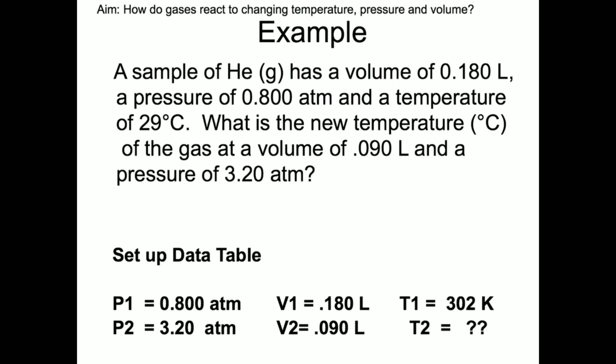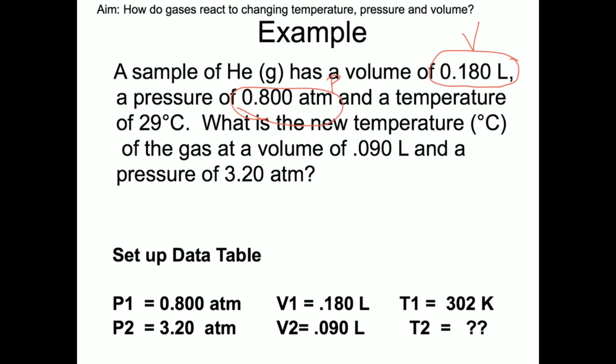As you read the question, identify the variable. So we begin with 0.180 liters. This is a volume. Because it is the first volume given, we'll call it volume 1. And we're given a pressure. Because this is the first pressure given, we'll call it pressure 1.